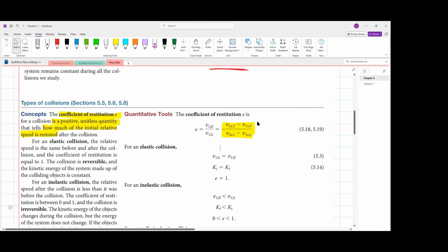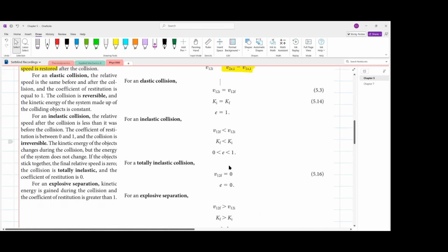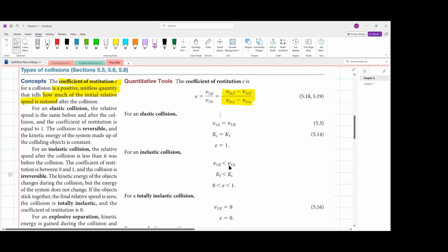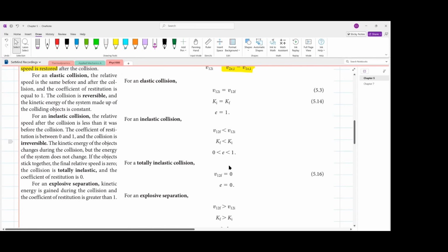Okay, so now using the coefficient of restitution, we can classify what type of collision we have, right? The four types we have are elastic, inelastic, totally inelastic, and explosive. The most common one we deal with is actually impossible in real life.